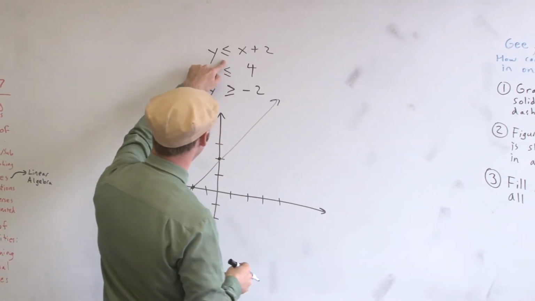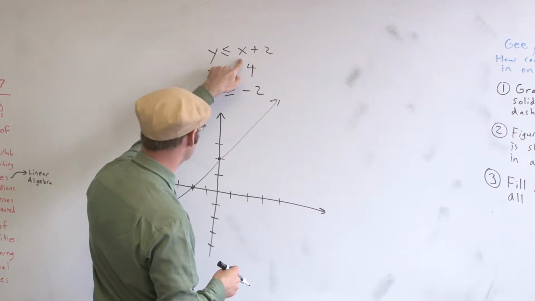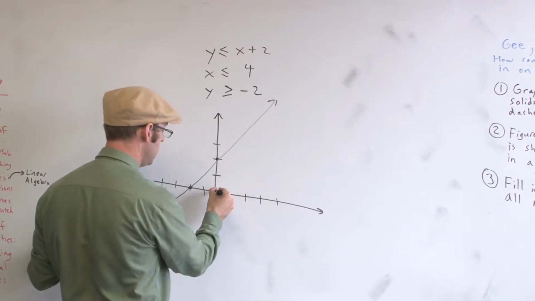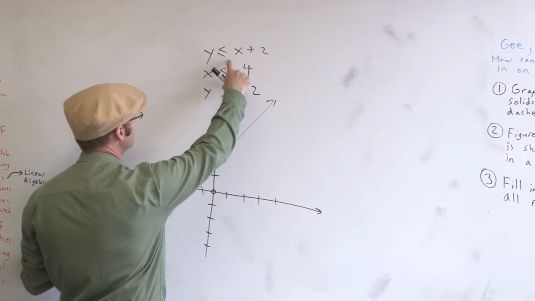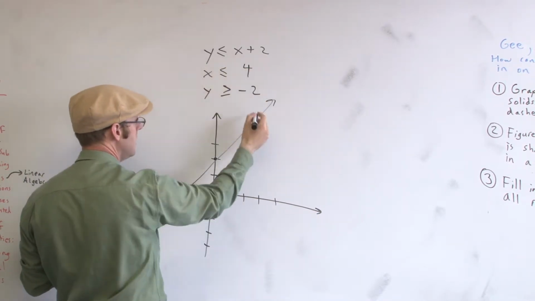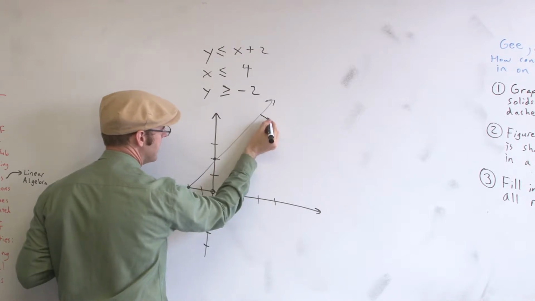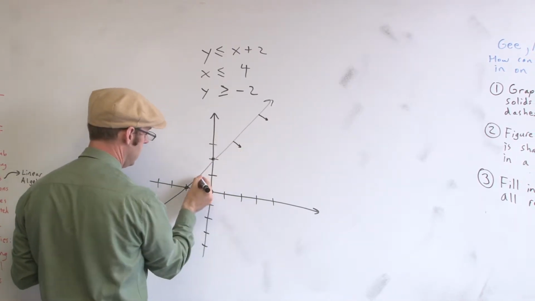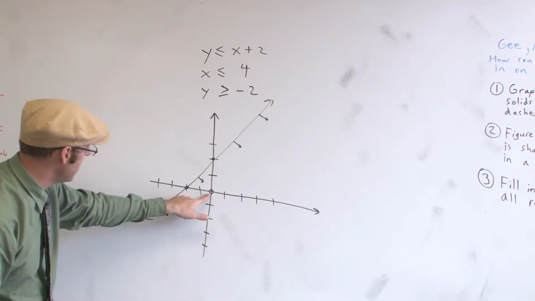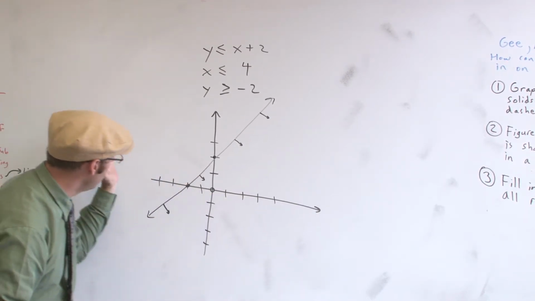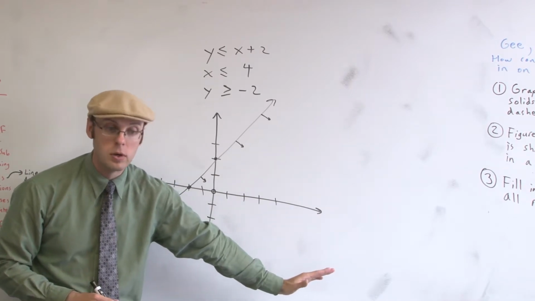And I want y to be less than or equal to x plus 2. So I'm going to test the origin here. If I put 0, 0 in, is 0 less than or equal to 2? Yep. So that side's the side that I want. Since that point worked, everything on that side of that line will work.